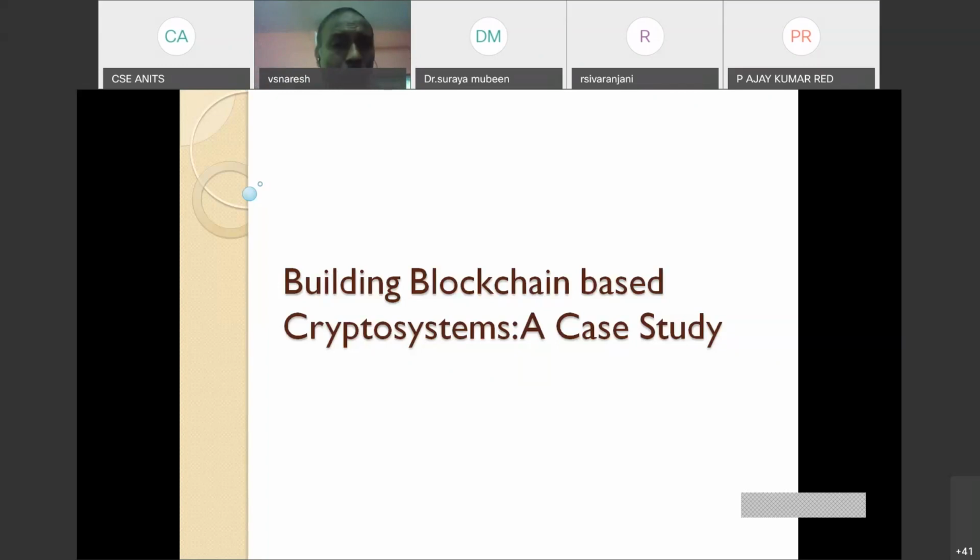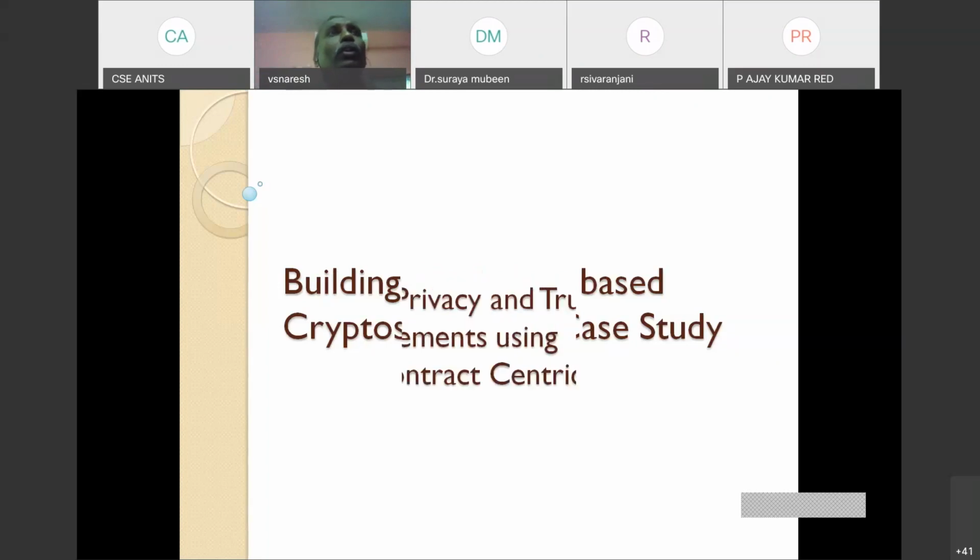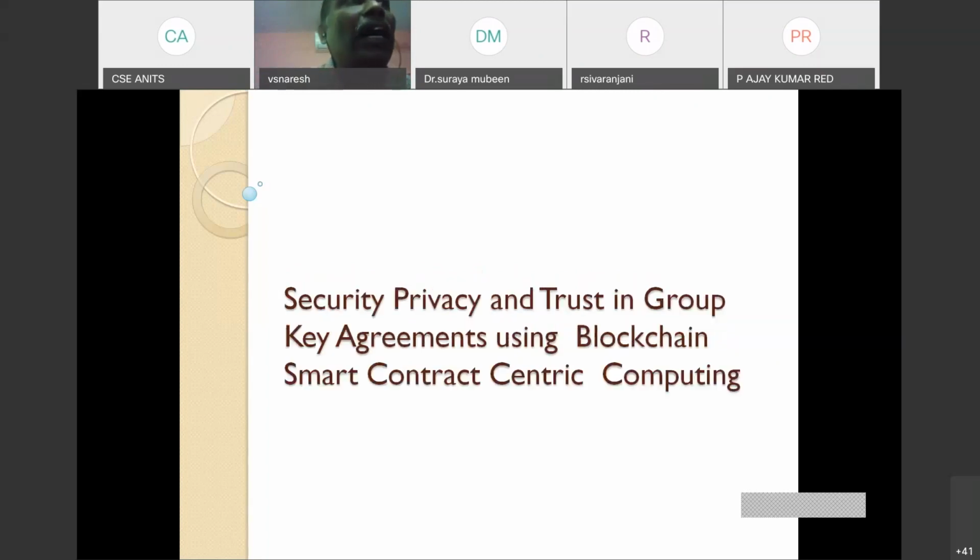So now you are going to work on group key agreement. Security, privacy, trust in group key agreement using blockchain smart contract centric computing. Actually you are having many crypto systems.